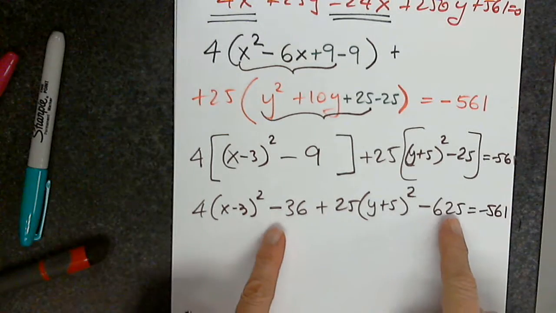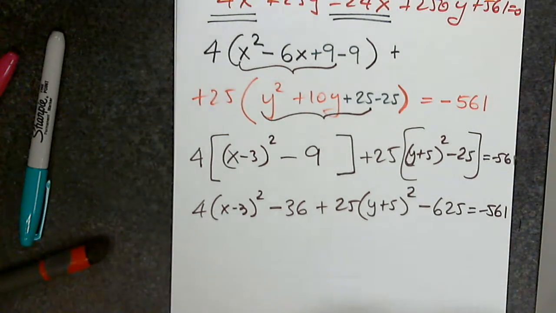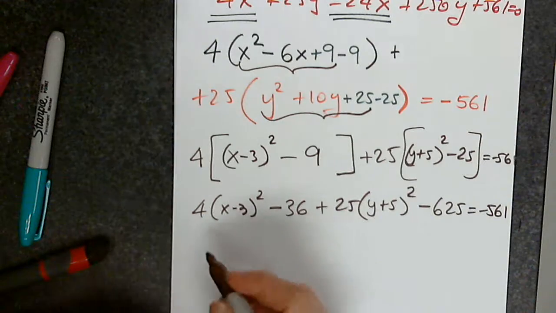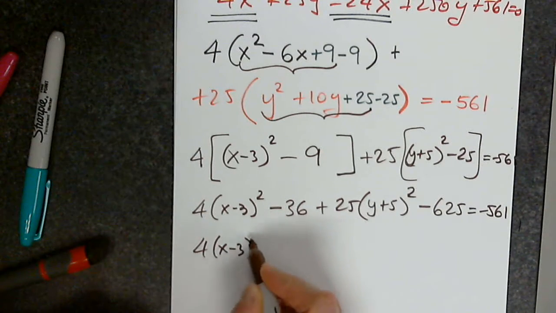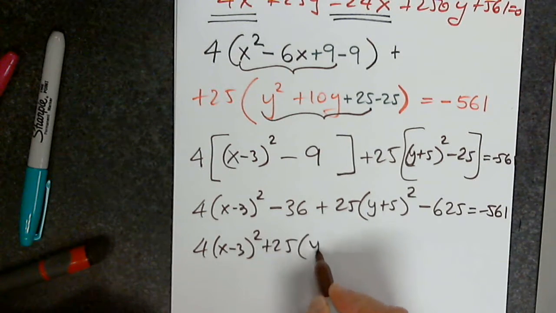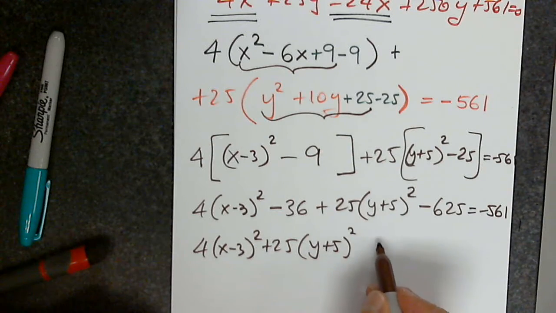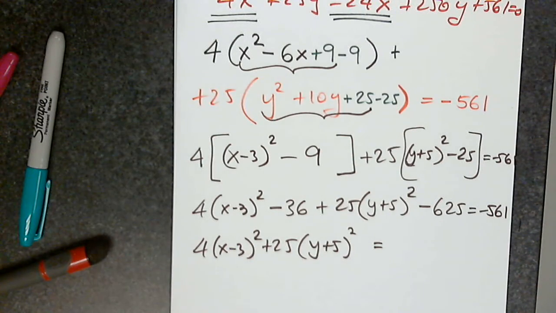Now I have to combine these 2 and move them to the other side. So the left-hand side is 4 times x minus 3 squared plus 25 times y plus 5 squared equals. So please add 36 to 525 and put it to the other side with positive, and tell me what you get on the right. And I will do the same thing.